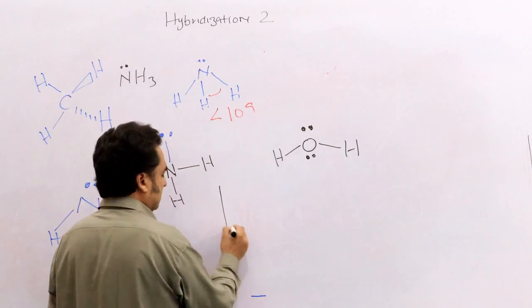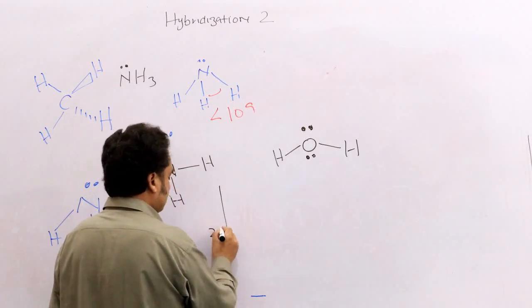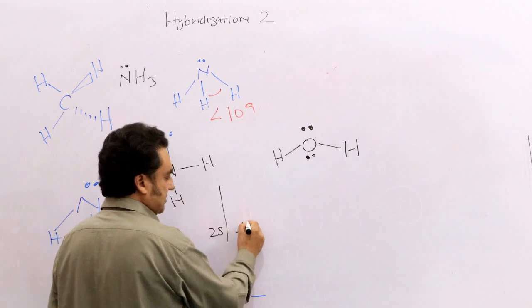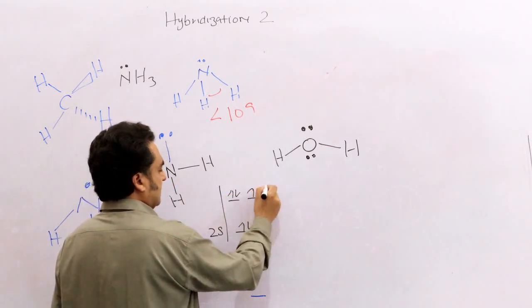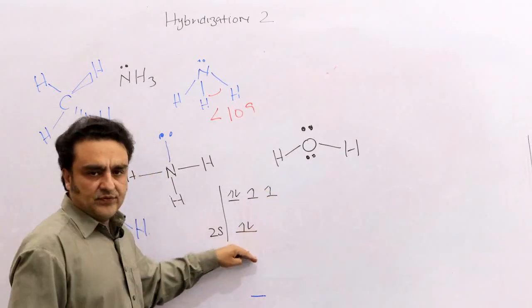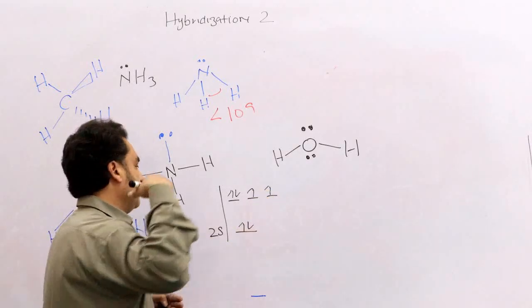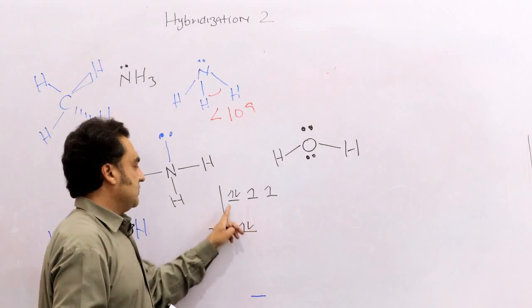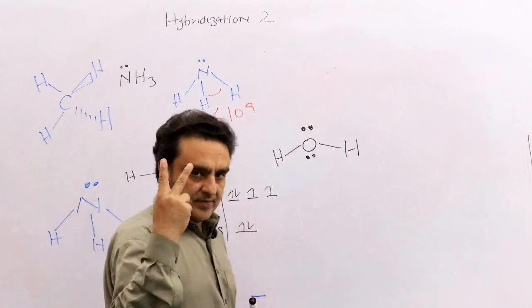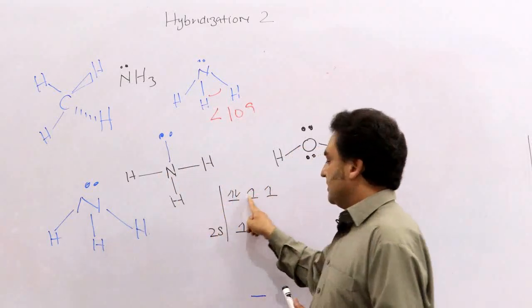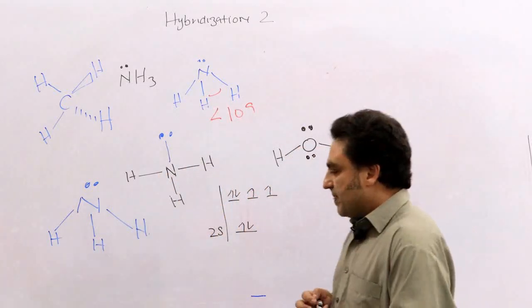As you know, oxygen has 2 electrons in the inner shell, and in the valence shell it has 1, 2, 3, 4, 5, 6 electrons. It can make just 2 bonds because it has 2 unpaired electrons.